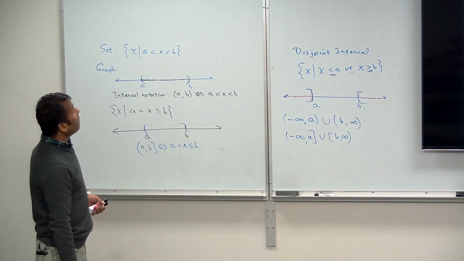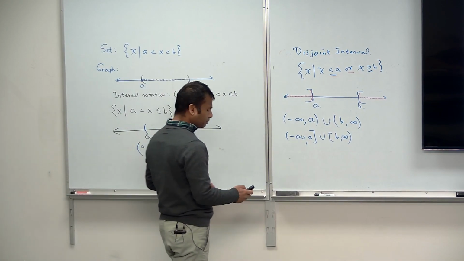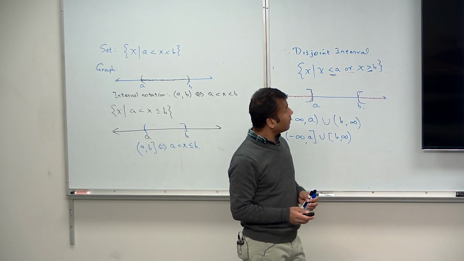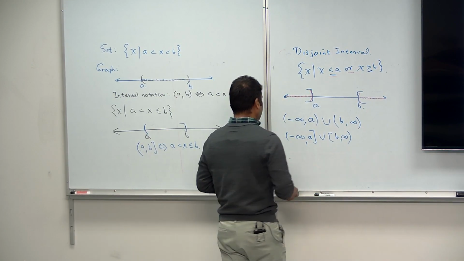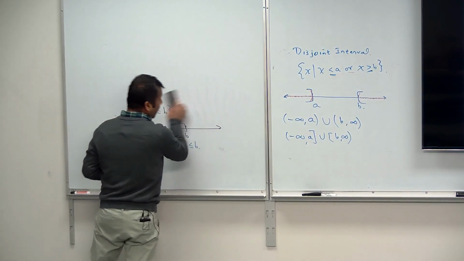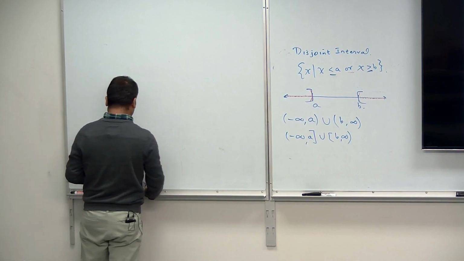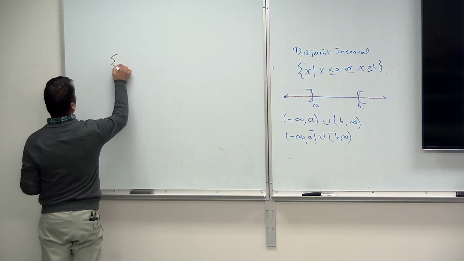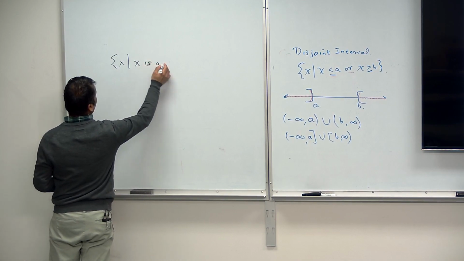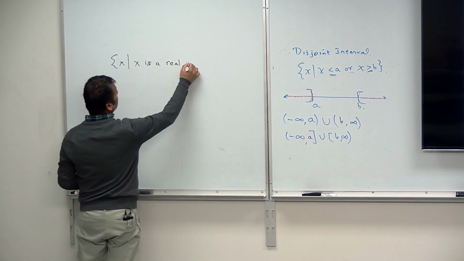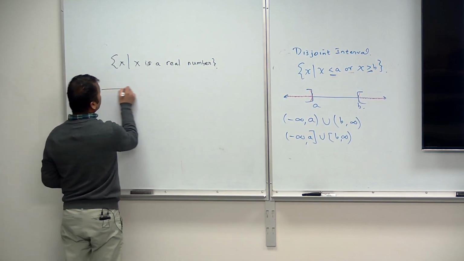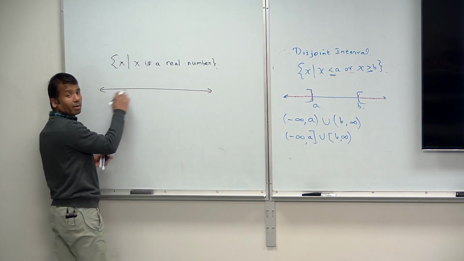By the way, if you have a set of all x such that x is a real number, like this, so you see x is a real number, so this is the real line. You know what I mean?